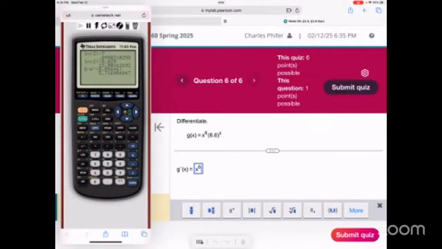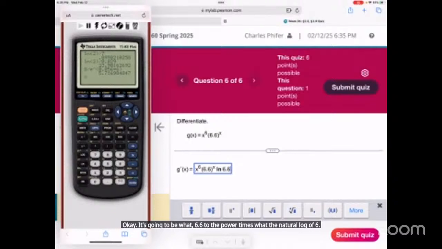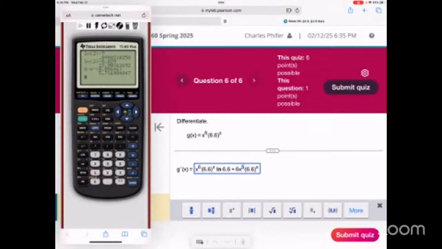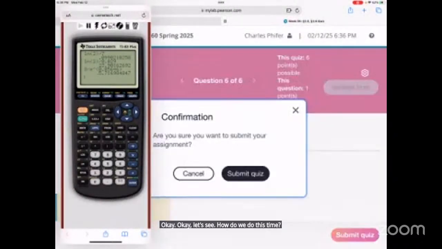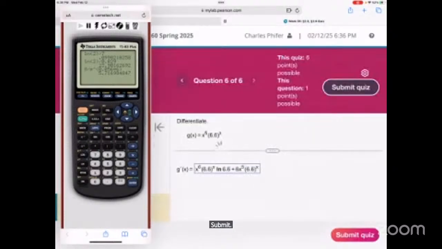That's going to be 6.6 to the power times the natural log of 6.6. So that's the first times the derivative of the second plus the second times the derivative of the first, which is 6x to the power of 5. Okay. Okay, let's see. How do we do this time? Submit. There we go. Yeah. Okay.